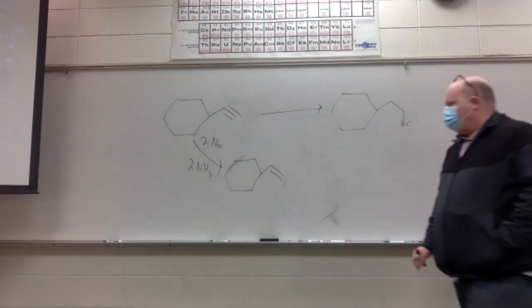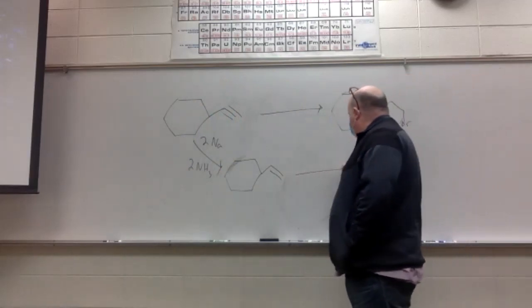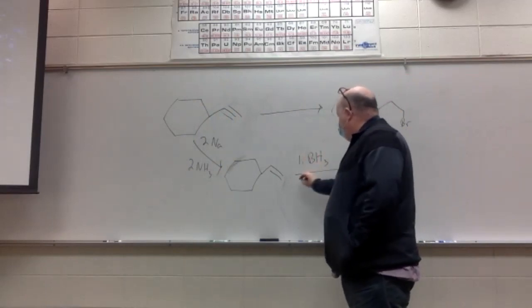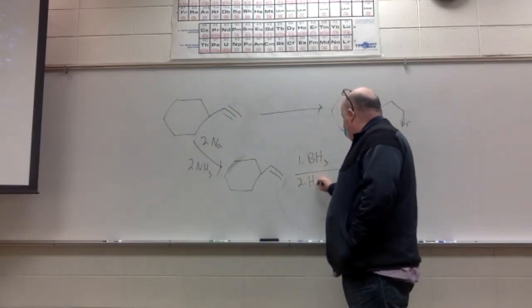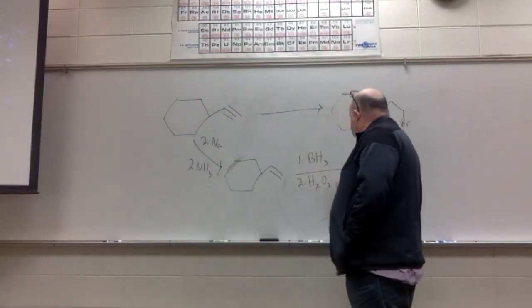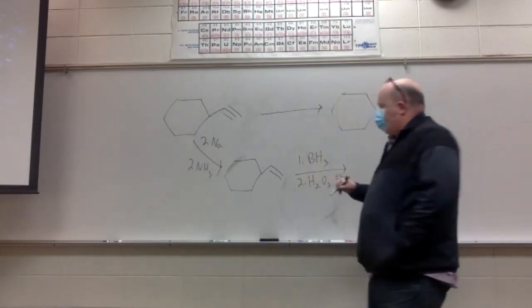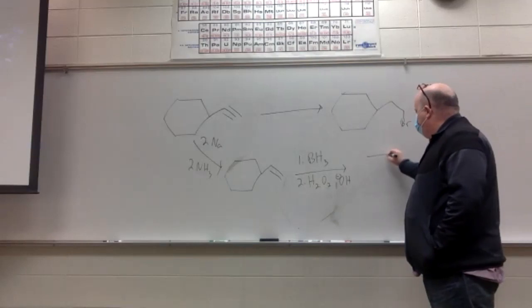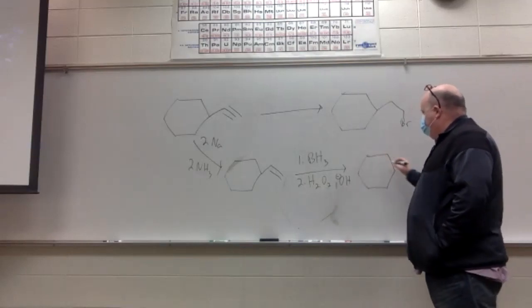All right. So you can do hydroboration oxidation. That's a 2-step process in and of itself. And if you guys remember, when you do hydroboration oxidation of an alkene, that gives you an alcohol. Specifically, it gives you alcohol in an anti-Markovnikov addition.